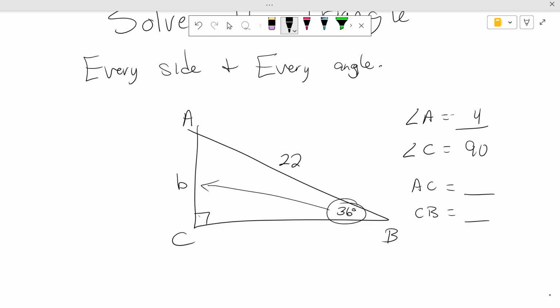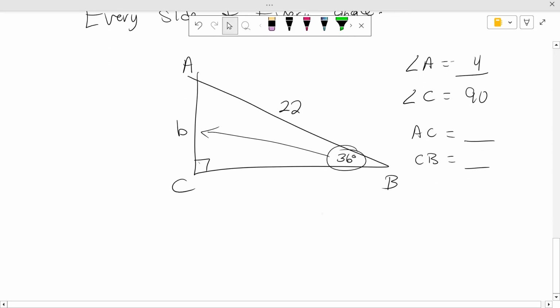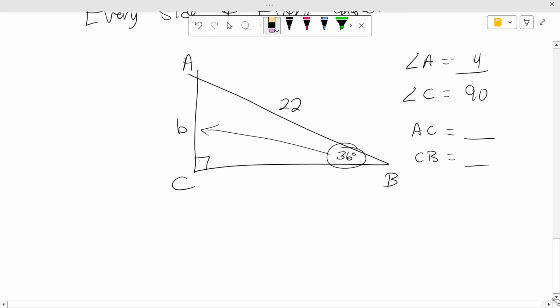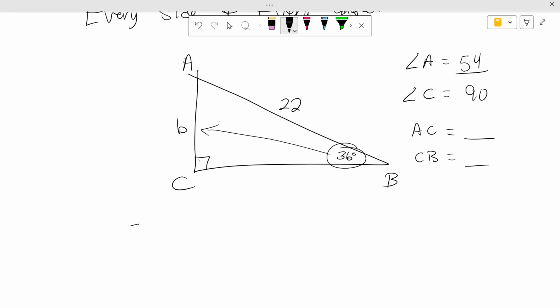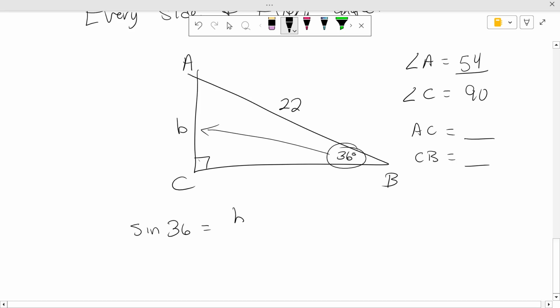Doesn't matter because side B is opposite of angle B. So if I want to find B, well, that's opposite. 22 is the hypotenuse. So the sine of my angle, 36, equals the opposite over my hypotenuse.